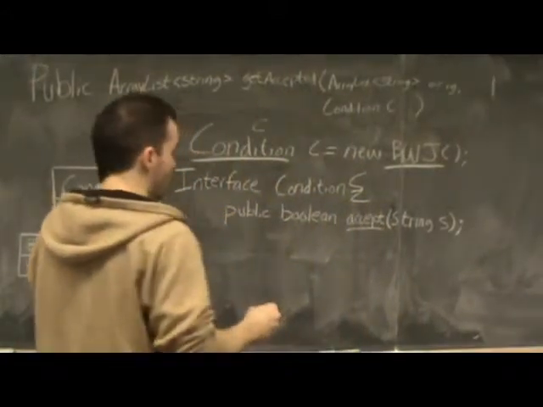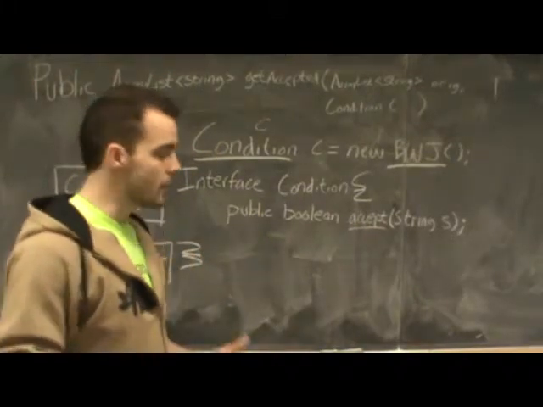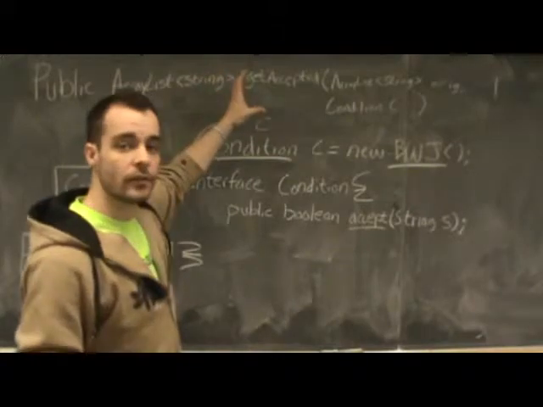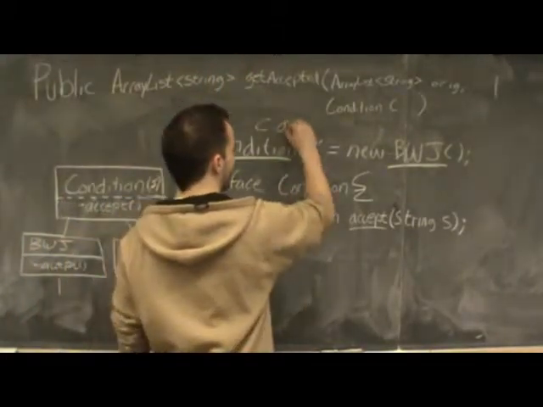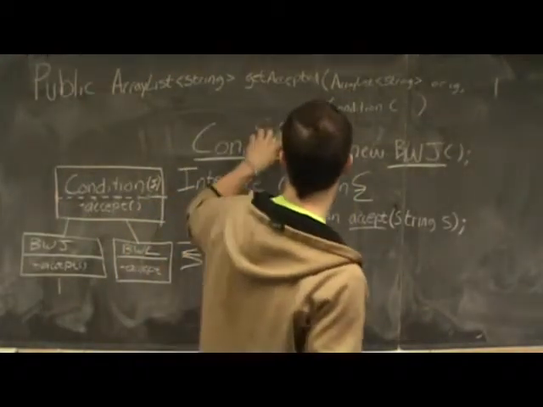So the short answer to why would we do this, just to reiterate, is that it allows you to write code once. You can implement this method using this c.accept method.